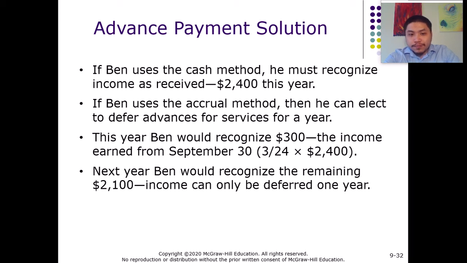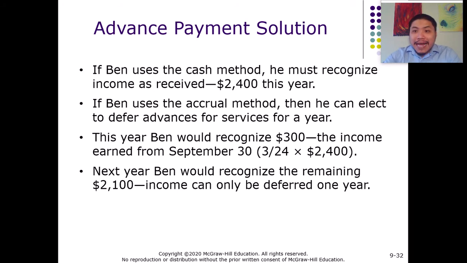In this case, the contract spans 2 years, meaning this year he's going to recognize $300. In the second year, he's going to recognize $1,200, because it's $100 for every month. And then in the third year, he's going to recognize the rest of it, because the contract spans 2 years.